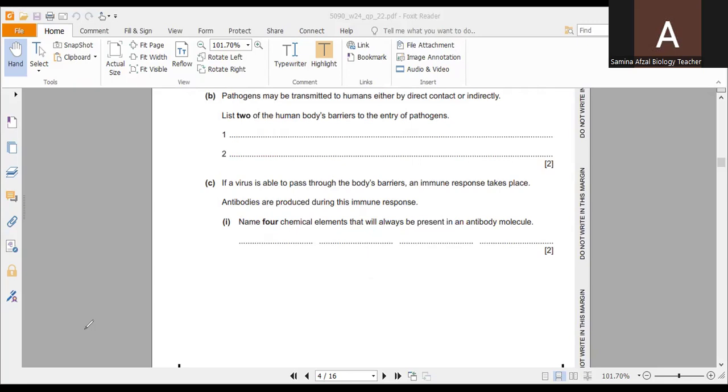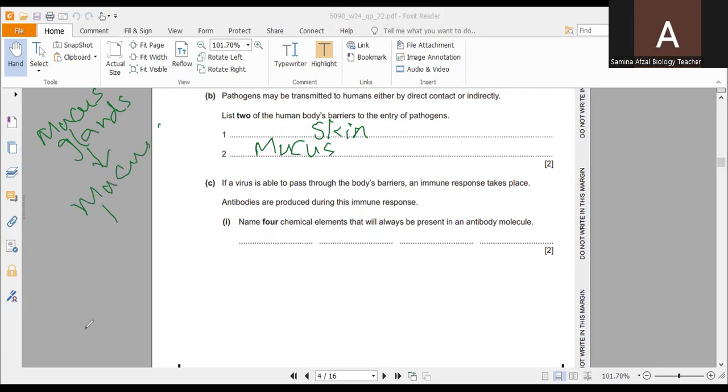So these natural barriers can be your body skin, and secondly, you can see the mucus glands which are present in your respiratory tract. These mucus glands secrete the mucus.